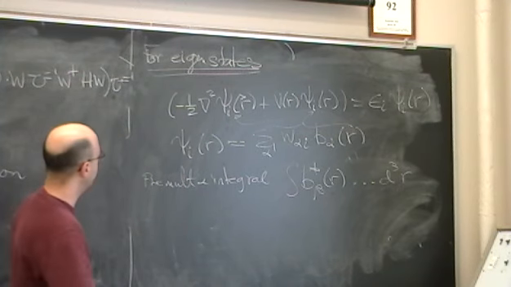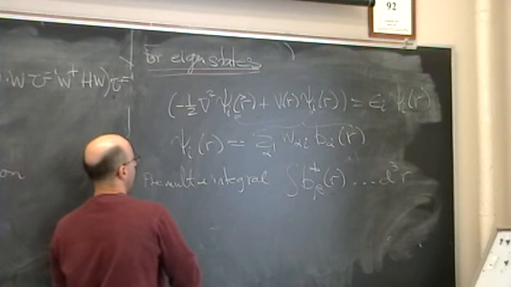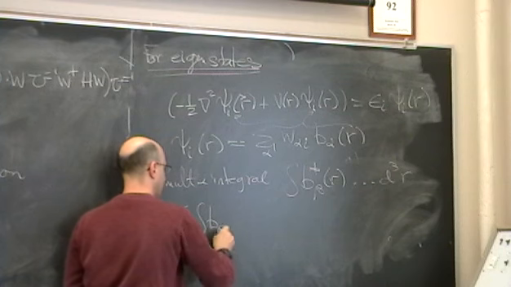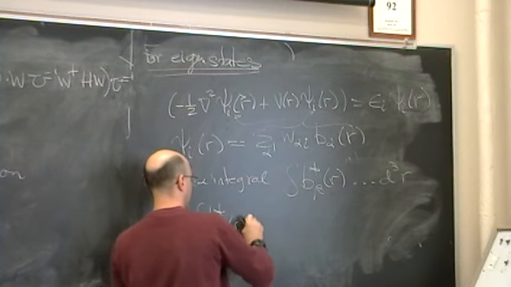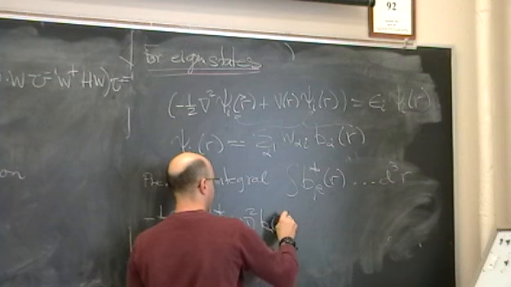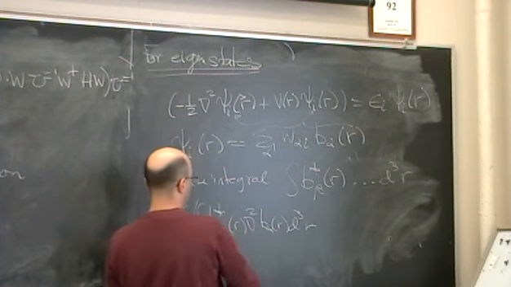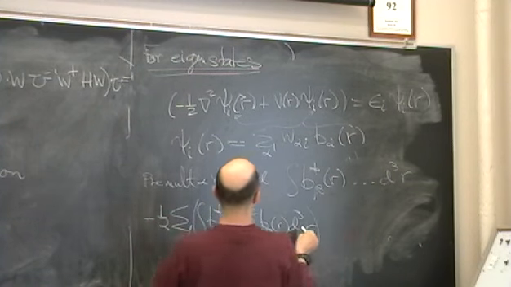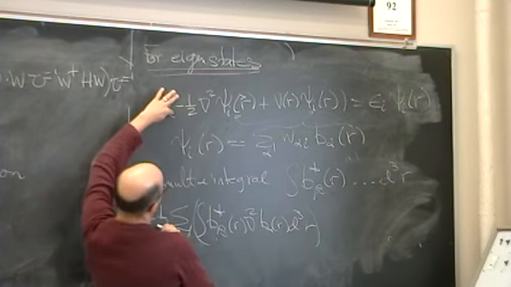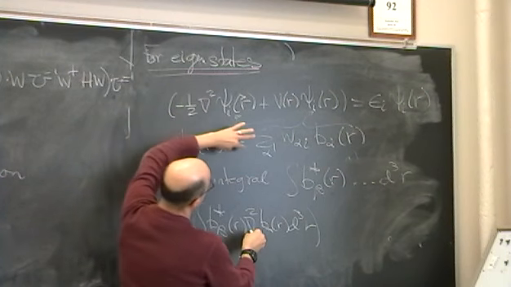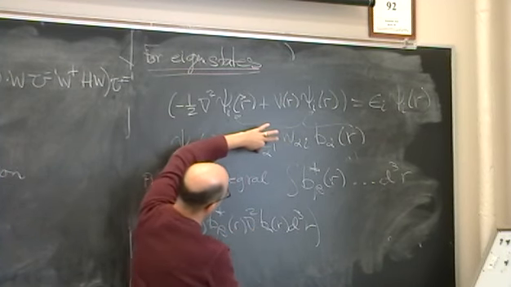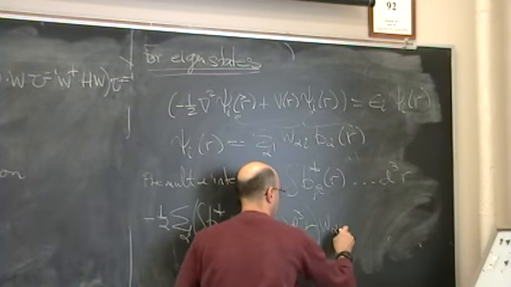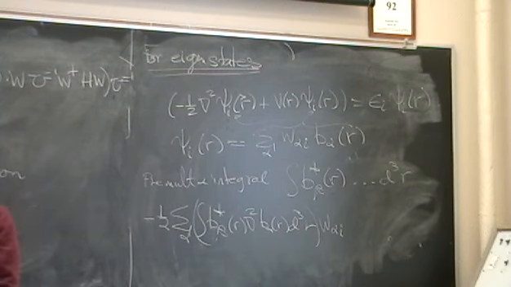The first term is going to give me minus 1/2, there's my sum on alpha, integral B beta star of r del squared B alpha of r d cubed r. I've got the sum on alpha, got the B alpha but not the W, so there's a W_alpha i on that side of the equation.